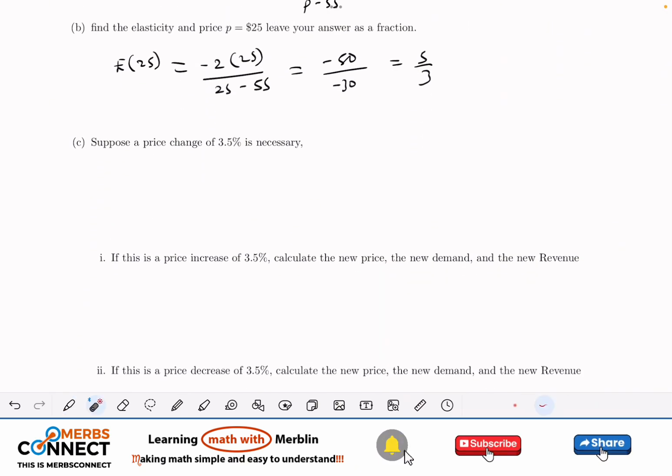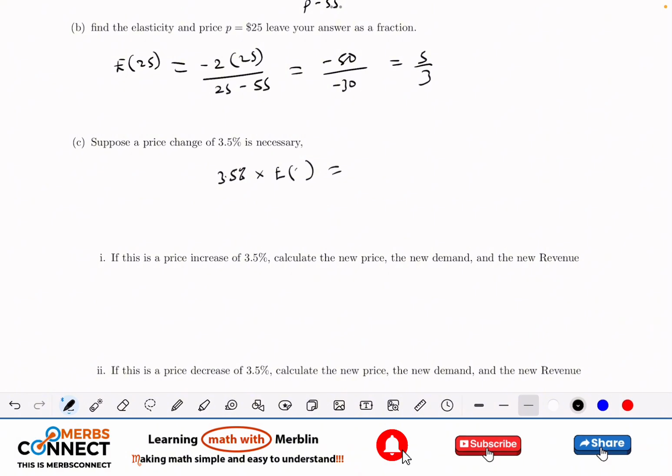So we have a price change here. The question did not ask us for the percentage change in demand, but still, if you want to do it, you can just find it and do 3.5% times the elasticity, which is E of P. So the price there is 25.